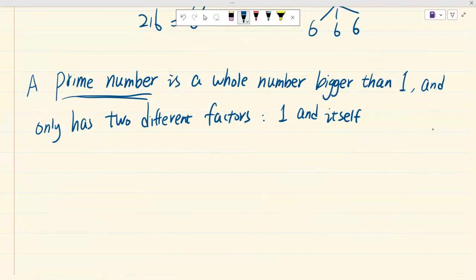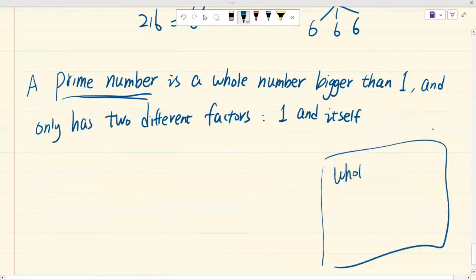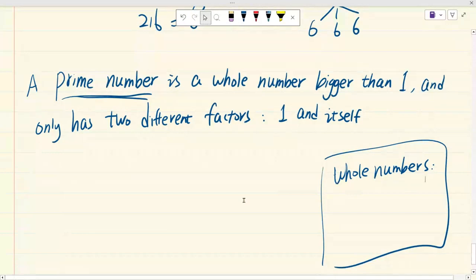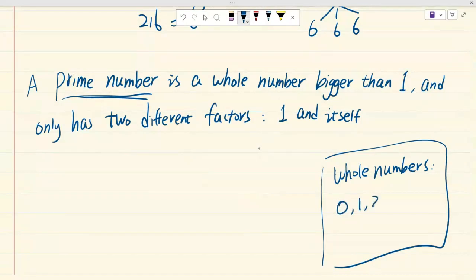It involves whole numbers. I have a question. Can anybody tell me what the smallest whole number is? What is the whole number set? It's okay, we're going to take time to really understand. Whole numbers include 0, 1, 2, 3, 4, and so on.